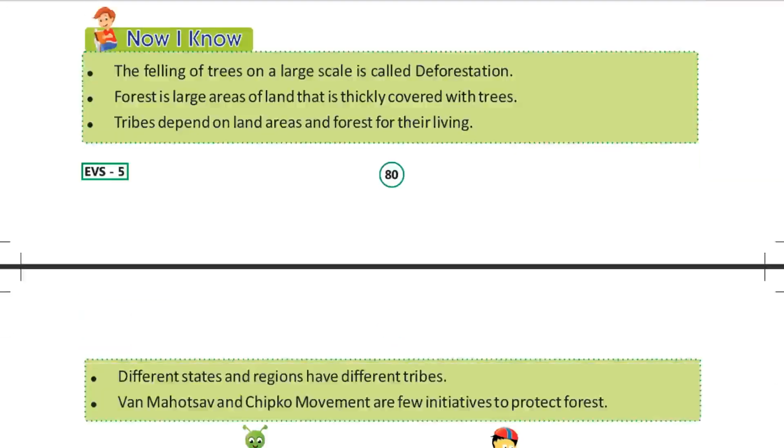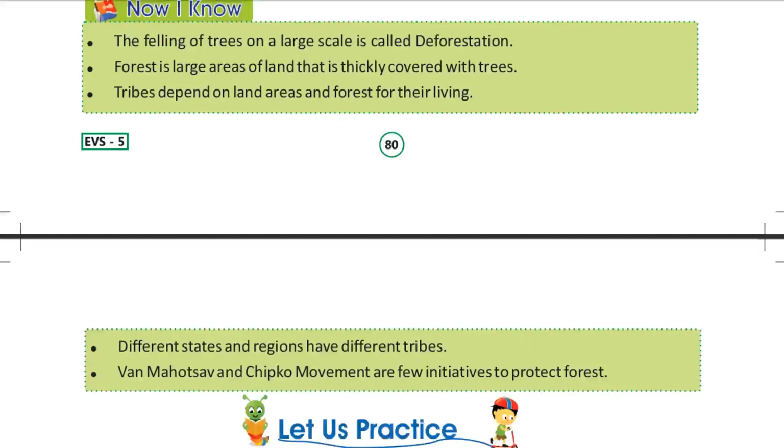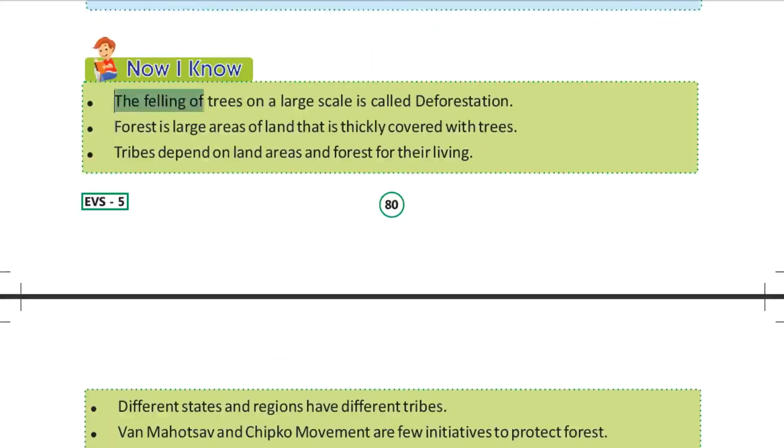Now children, let us revise what we learned in this chapter. Now I know. The felling of trees on a large scale is called deforestation. Forest is large areas of land that is thickly covered with trees.